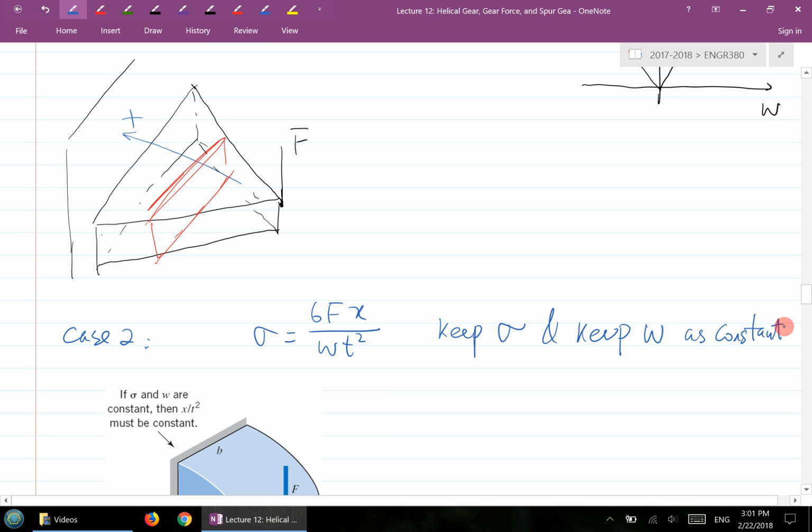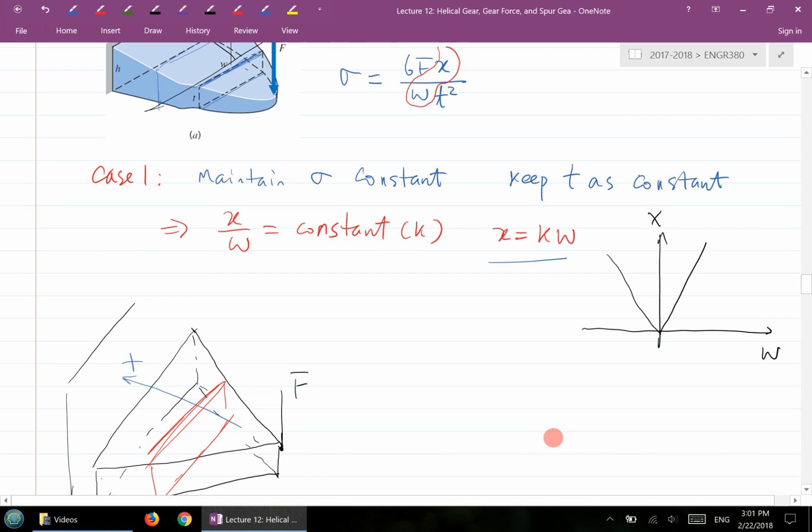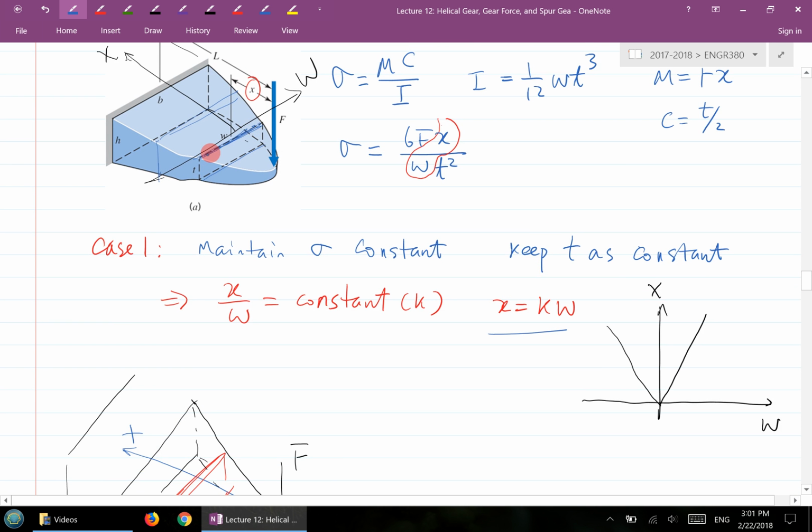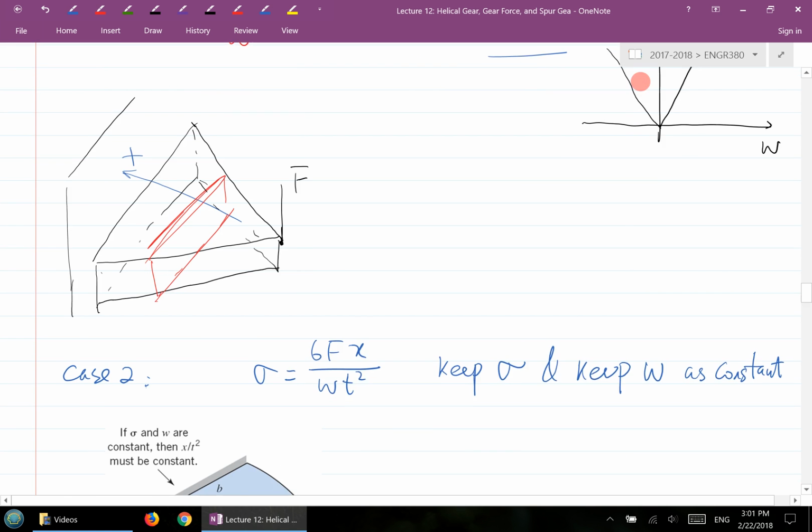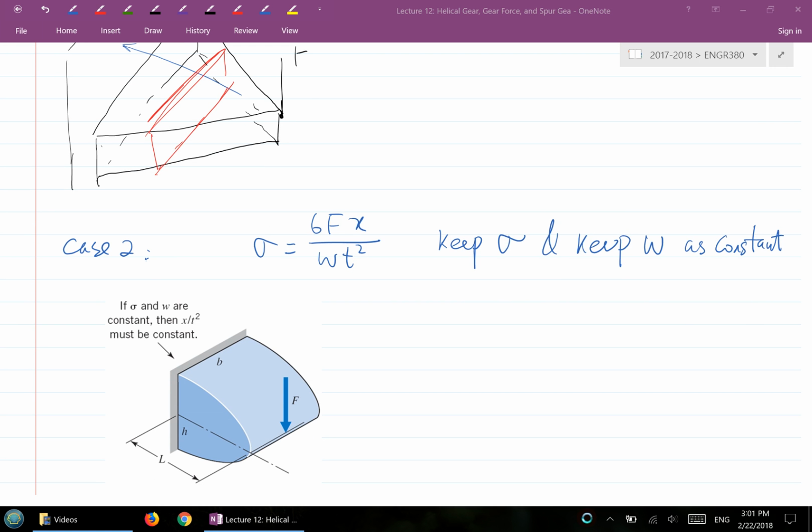Okay, we'll keep the W constant. Again, what is the W? W is the width, right? It's the width of the cross section.